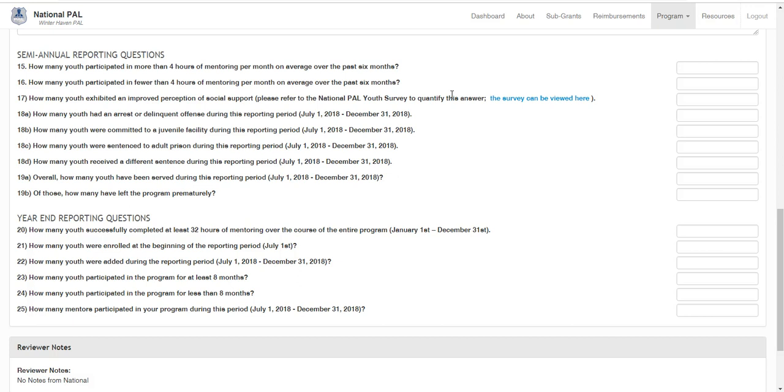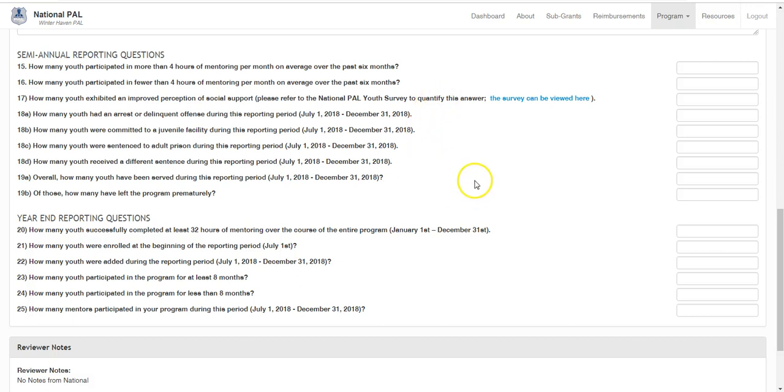And it's just a very short survey that you give to the youth that participated in your program, and it helps to quantify how many of them actually are exhibiting improved perception of social support. So then you'll indicate the number who did seem to exhibit that improved perception of social support here for number 17.